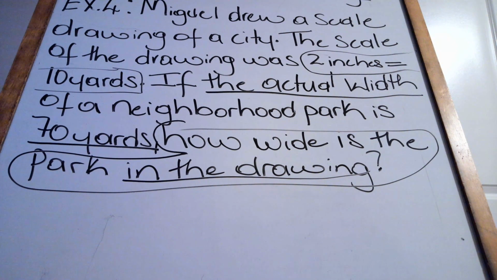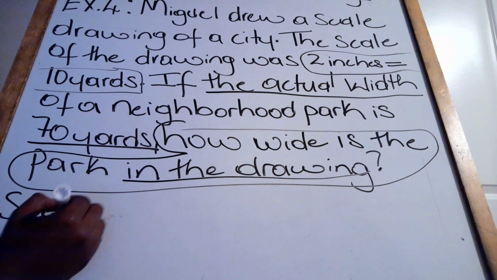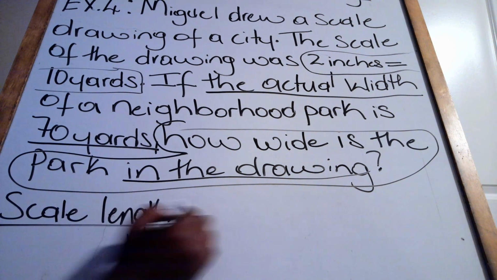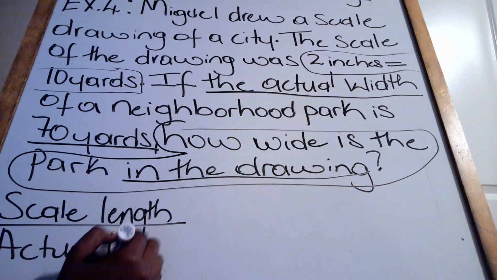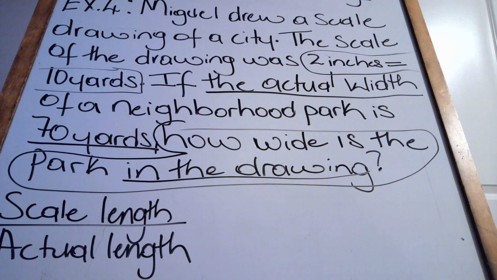So remember, when we're solving, it is always the scale length over the actual length. First thing, the scale that is given in the question, we're going to write as a ratio in fraction form.